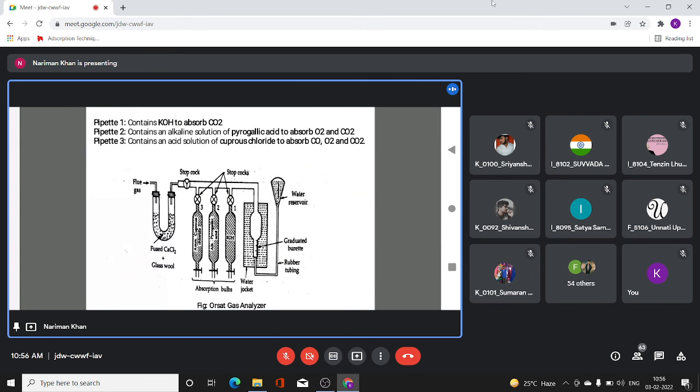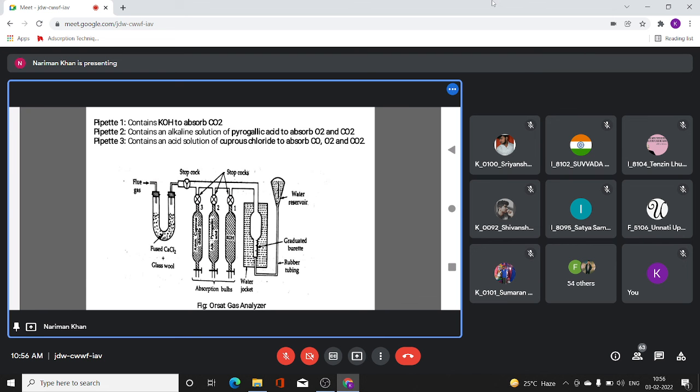Now, how do we find the amount of carbon dioxide, oxygen and carbon monoxide? We have taken a known amount of KOH in our pipette. First of all, we measure the weight of the pipette, and then we fill KOH into it and again measure the weight of the pipette having KOH.